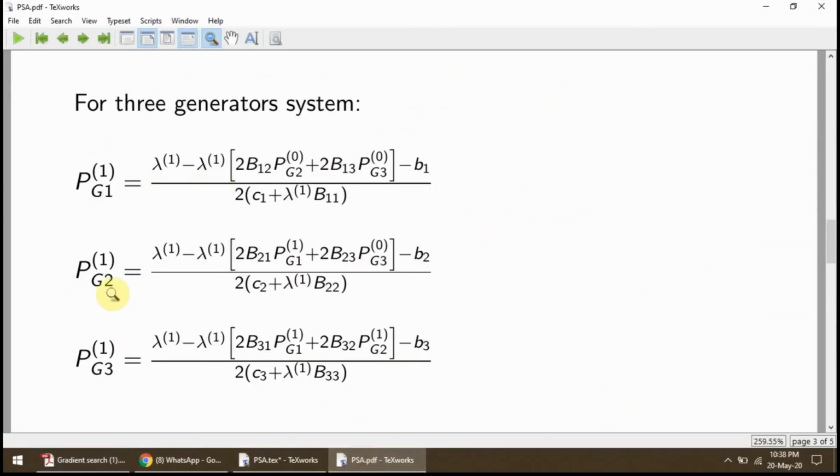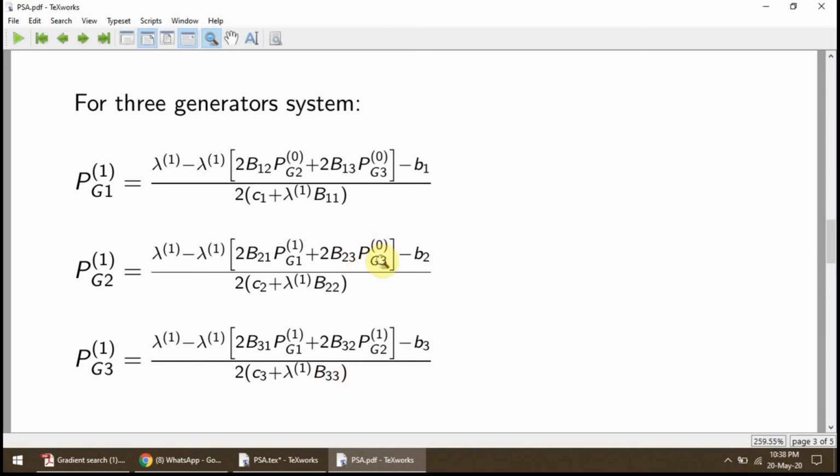Similarly, while calculating the power output of the second plant, we require again the power output of the first plant and the power output of the third plant. For the first plant, we will use the latest value, meaning whatever value we have calculated in the present iteration. Whereas for the third plant, we have not yet calculated the first iteration value.